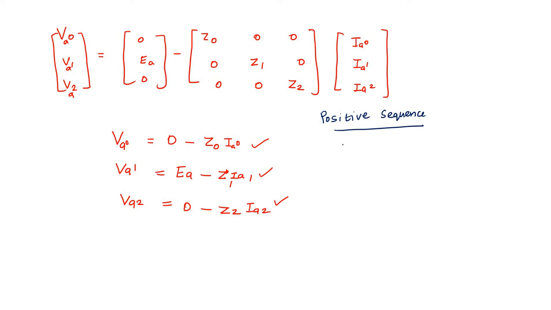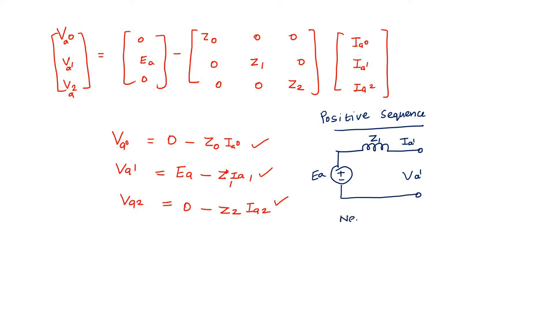So in a positive sequence, this is IA1, this is Z1. Then EA, positive, negative. This is VA1, the positive sequence network.